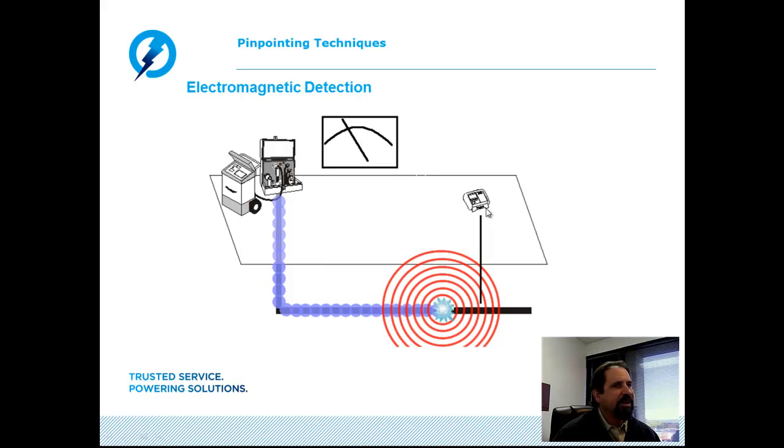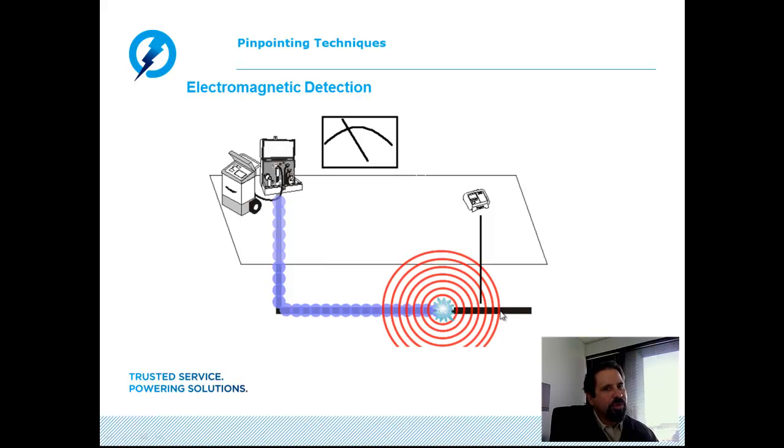If we have an electromagnetic pickup set, as long as we are in front of the fault, every time the surge generator discharges, we should get a relatively strong kick in the electromagnetic impulse detector's meter, showing that we're in front of the fault and we still see a significant amount of the surge energy traveling. Now, as we move beyond the fault, the majority of the energy is being discharged through the fault, and the electromagnetic pickup will become weaker and weaker.